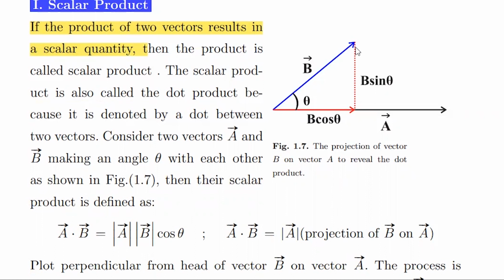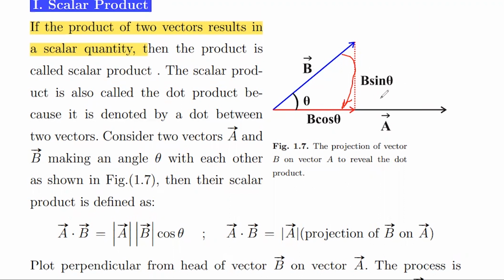Its simple meaning is that we want to join vector B with vector A, from here to there. It means we need to draw a perpendicular or a projection from B to A so that we may be able to combine B and A. Now, vector B is resolved into two parts, a vertical component and a horizontal component.